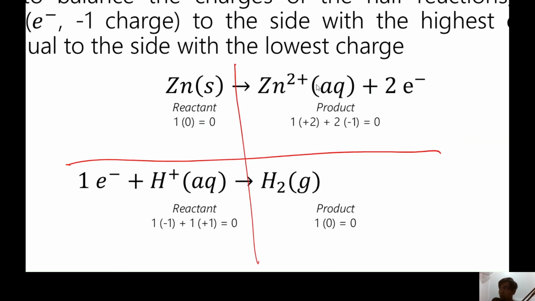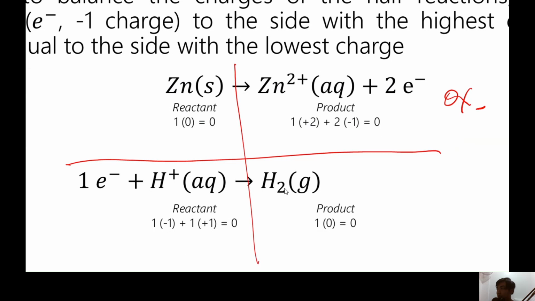This is 1 times 2 plus 2 times -1. If you add that, it is 0. So, we can say that this oxidation reaction is balanced, in the sense that the charges are equal. The atoms are balanced too: one zinc here, one zinc there.